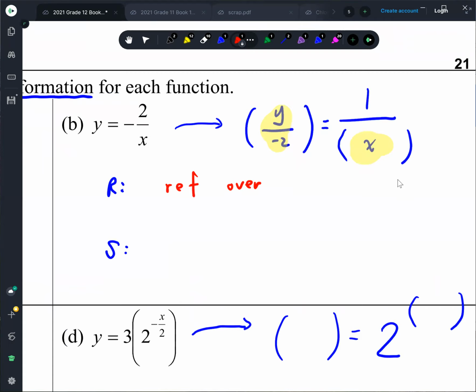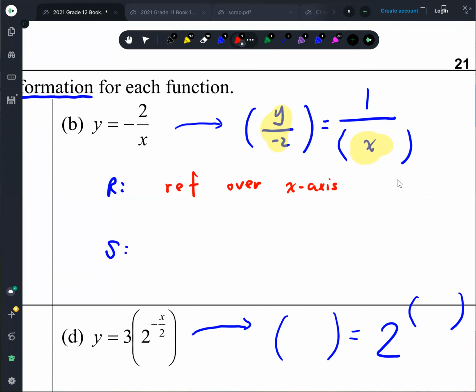Where is the negative? Under y. We're talking about the reflection now. Is the negative with x or with y? With y. So it's the x-axis. Okay, negative with y, reflect over the x-axis.